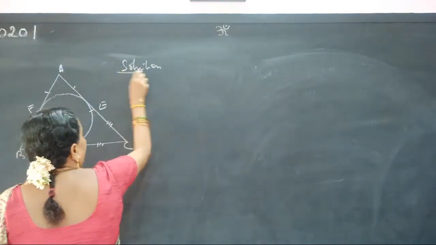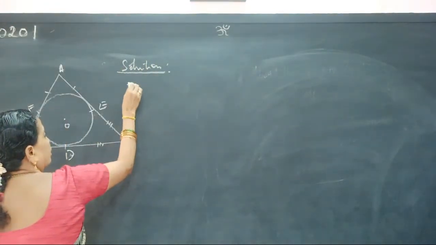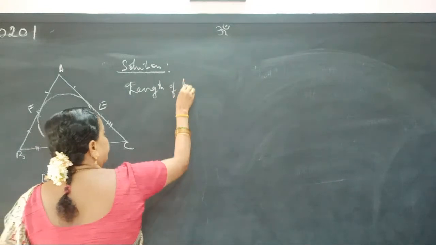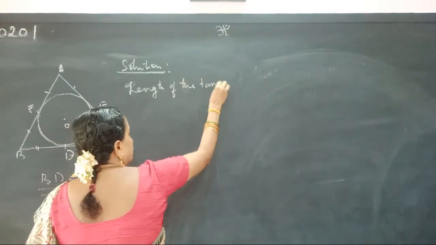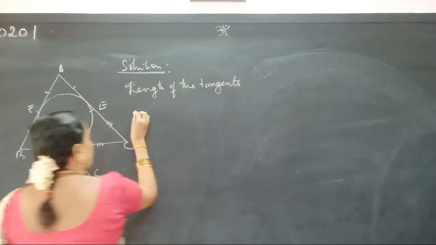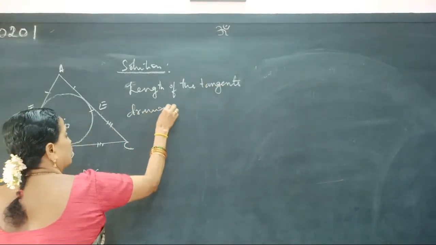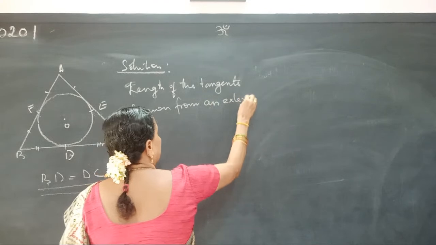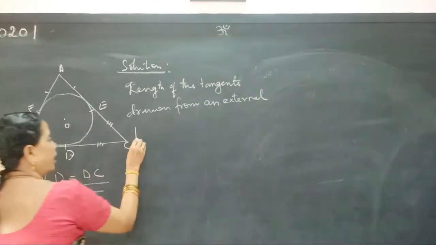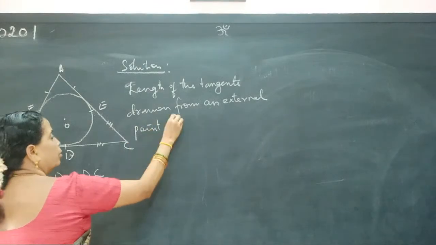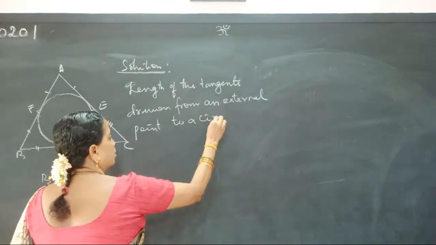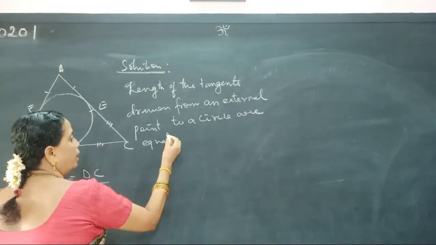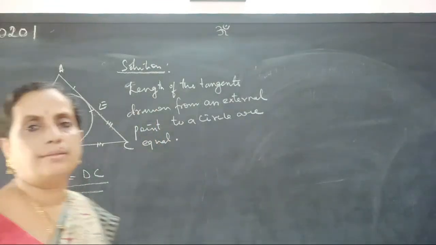Here you write: length of the tangents drawn from an external point to a circle are equal in length, or equal, because I started with equal length in the beginning.